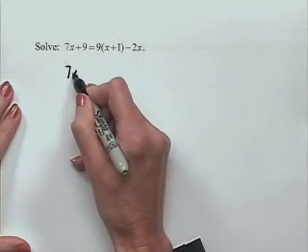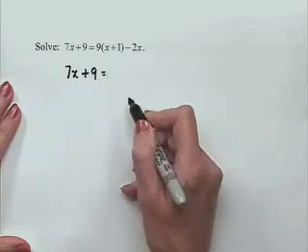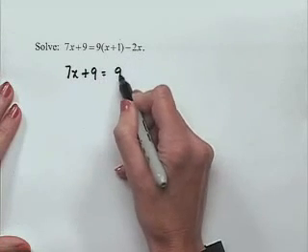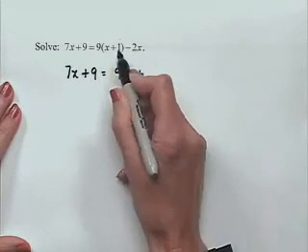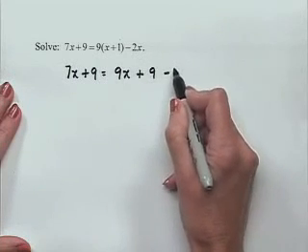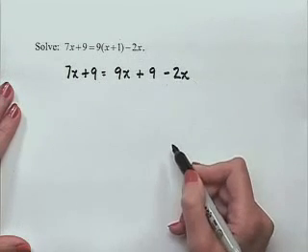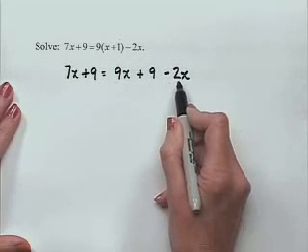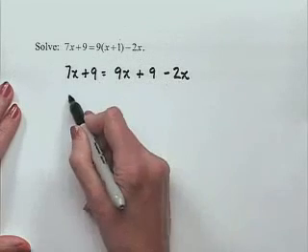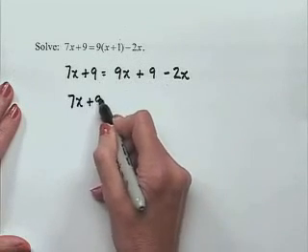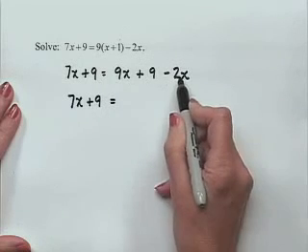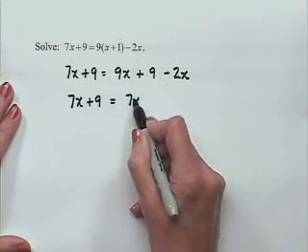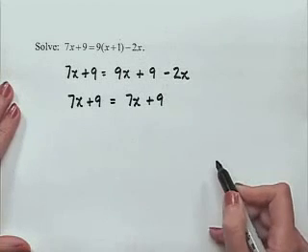So 7x plus 9 is going to equal 9 times x plus 9 times 1, and then we have a subtraction of 2x. On the right-hand side, we see that we can combine like terms. 7x plus 9 equals 9x minus 2x is going to be 7x, and then we have plus 9.